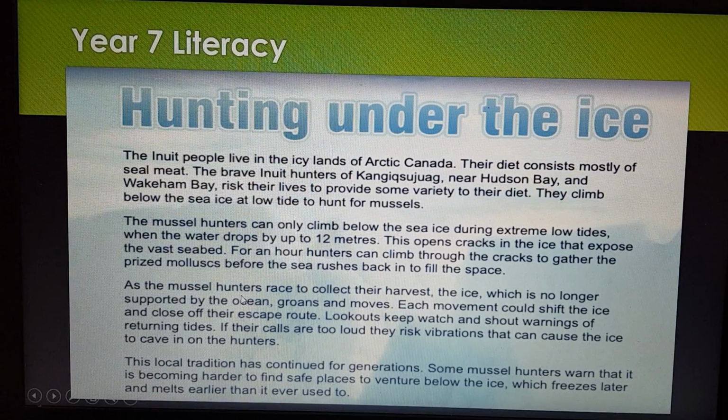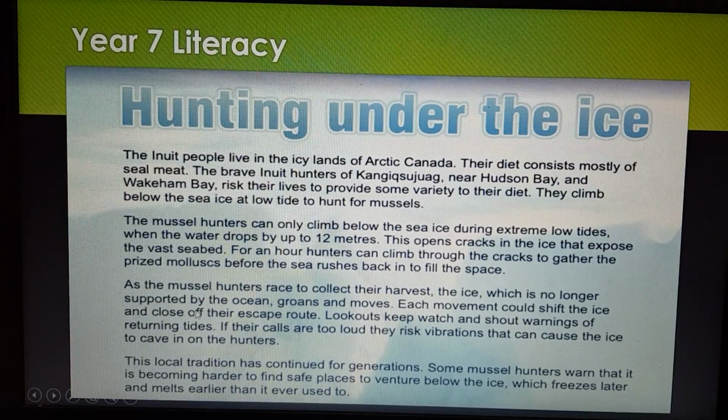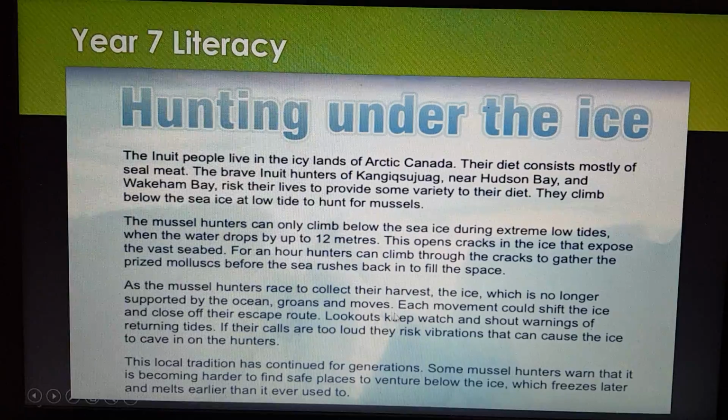As the mussel hunters race to collect their harvest, the ice, which is no longer supported by the ocean, groans and moves. Each movement could shift the ice and close off their escape route.